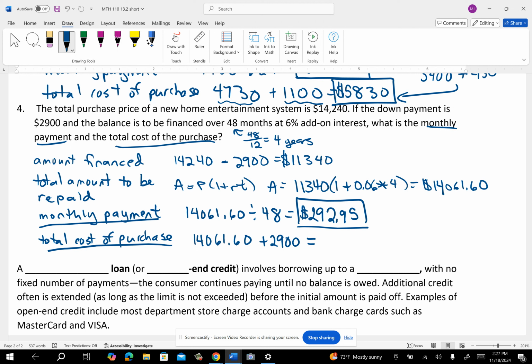So take the $14,061.60 and add the $2,900. So the total would turn out to be $16,900. Let me try that again.